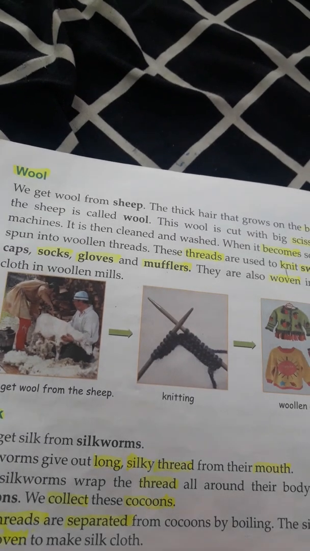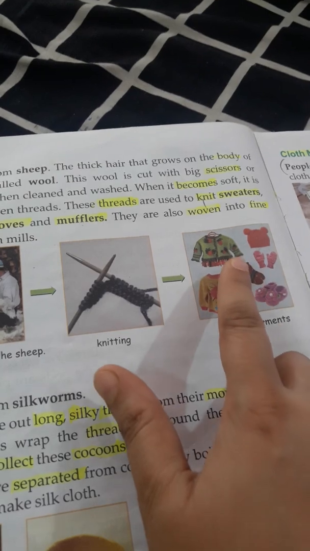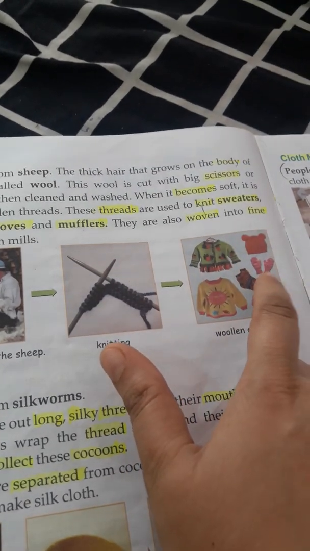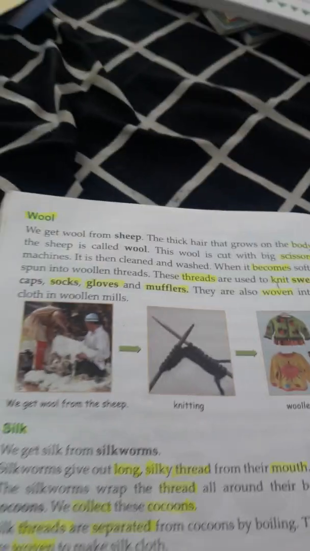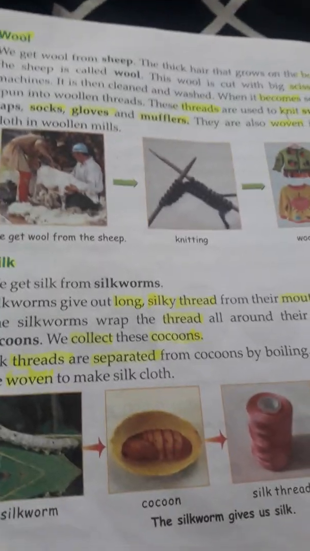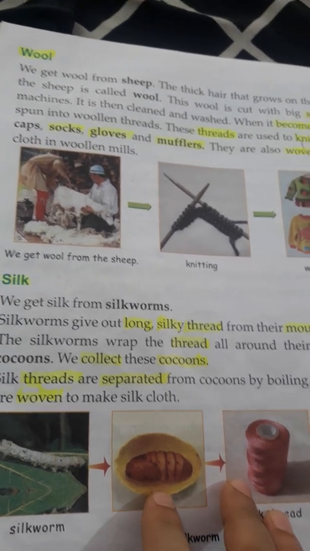Woolen clothes are made from the wool that we get from sheep, and we knit sweaters, caps, woolen socks, etc. from wool. We get silk from silkworm and it is made into very expensive silk clothes.